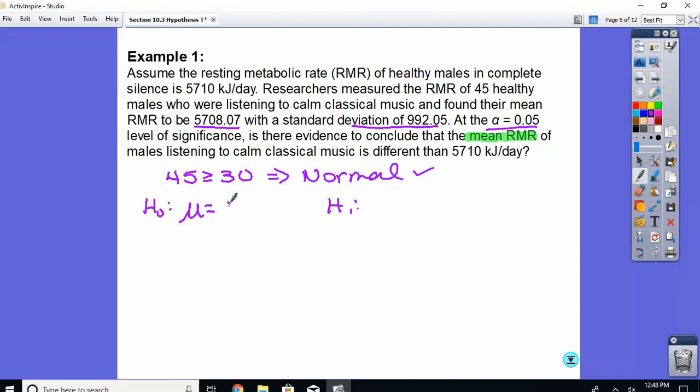What are we comparing it to? What's our baseline? Not 5,708.07, that's what they observed in their study. Mu equals 5,710, this is what we are assuming to be true. Our alternative, I want to know, is it different? So that would be not equal.